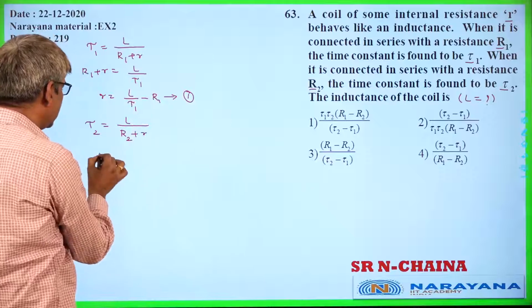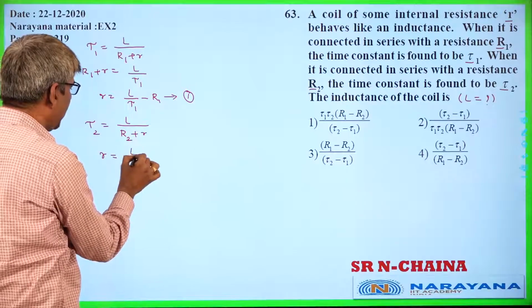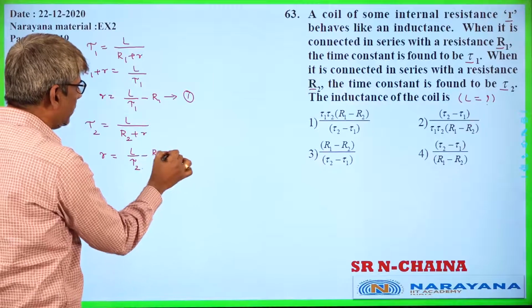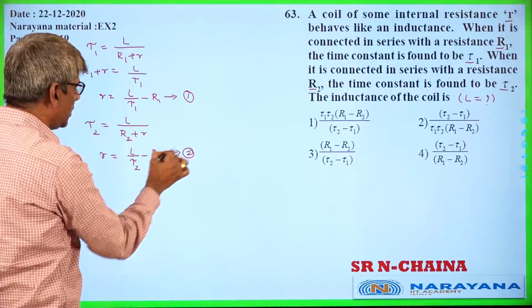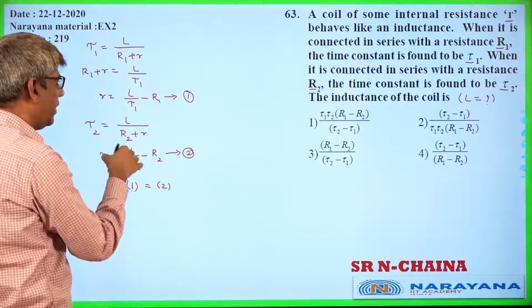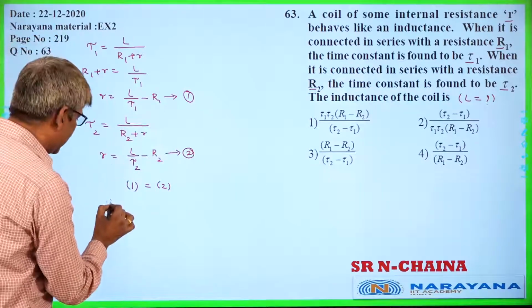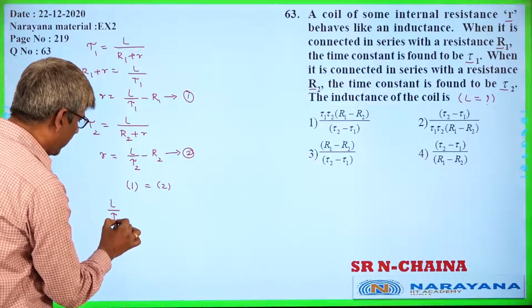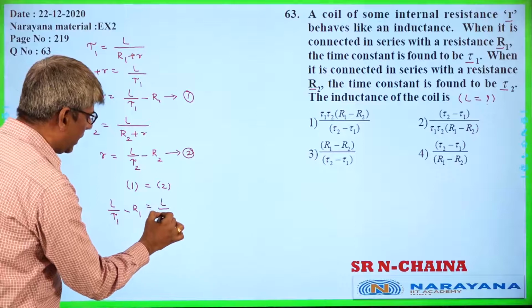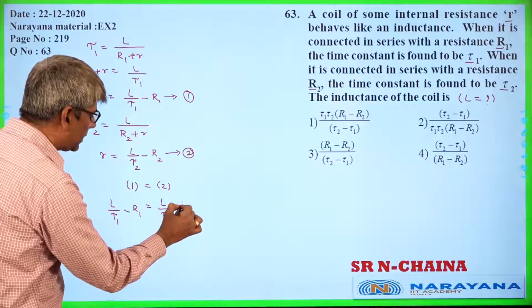Similarly, doing here also, we get r is equal to L by tau 2 minus R2, equation number 2. So equating 1 and 2, because the left hand sides are equal, we equate the right hand sides: L by tau 1 minus R1 is equal to L by tau 2 minus R2.